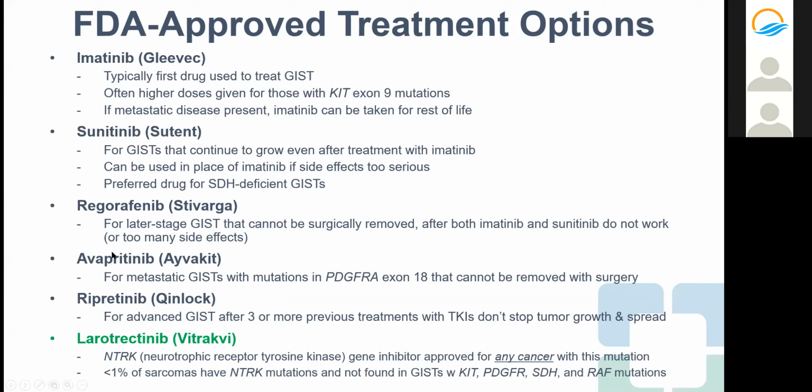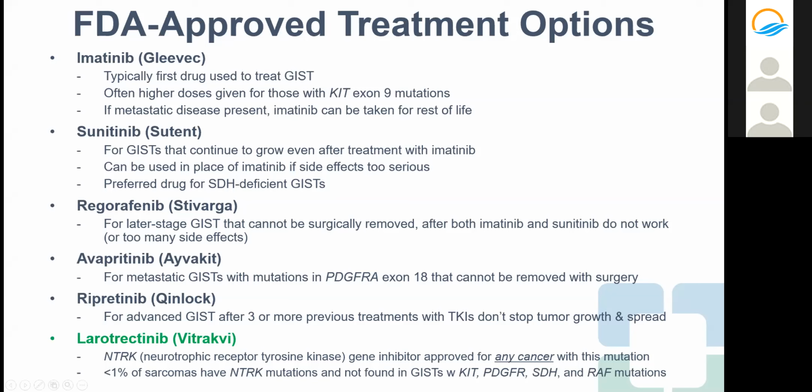Finally, there's avapritinib, sorry for my pronunciation, and this is another TKI that has a specific association with a molecular alteration. I want to highlight the 2 drugs that are associated with specific molecular findings for you here, and that was sunitinib, which we just discussed, and now avapritinib. And this drug is the preferred TKI for tumors that have exon 18 PDGFR mutations.